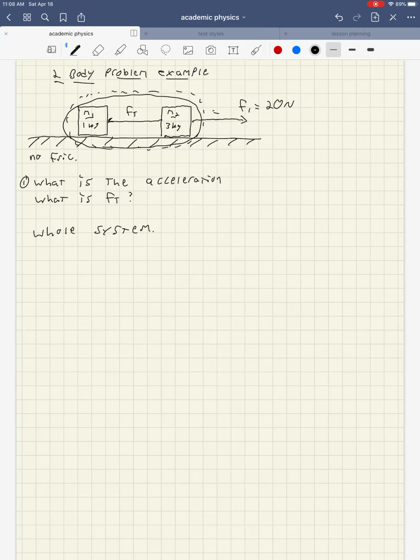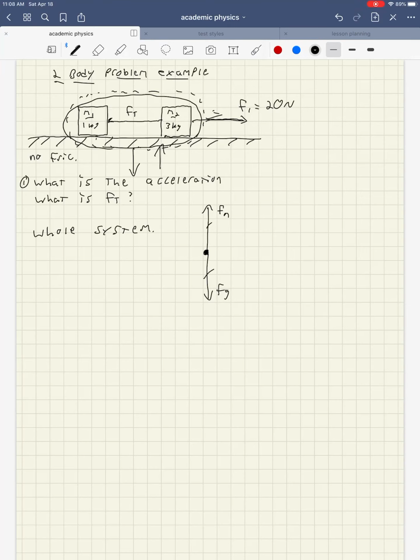Let's start by drawing a free body diagram of what that would look like. Well, there's just one force pulling this way. There would be a force of gravity and a normal force pushing up on it. So my system free body diagram is going to look like this.